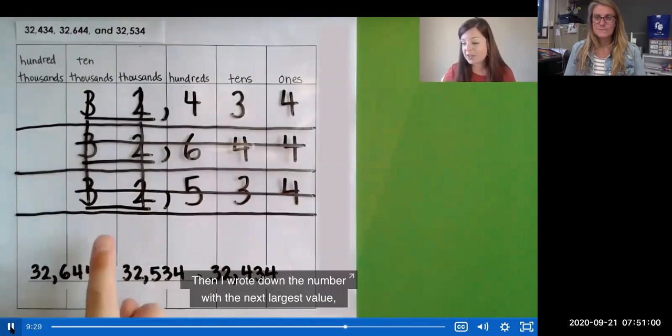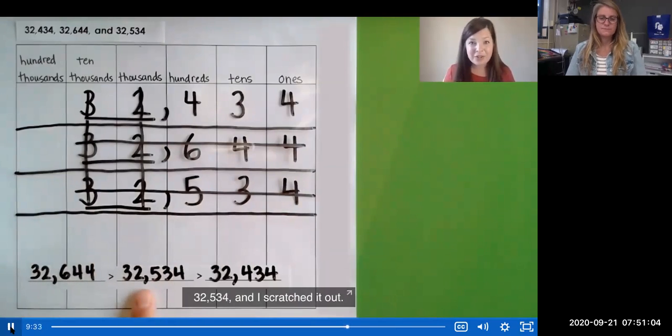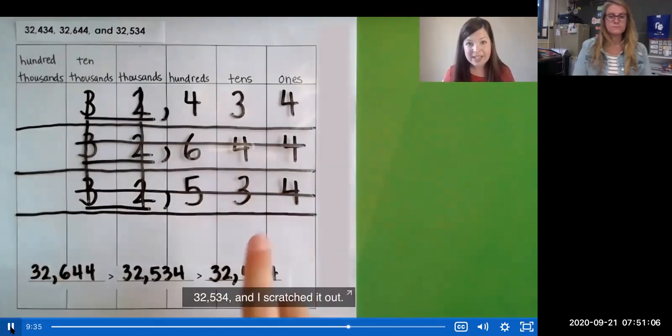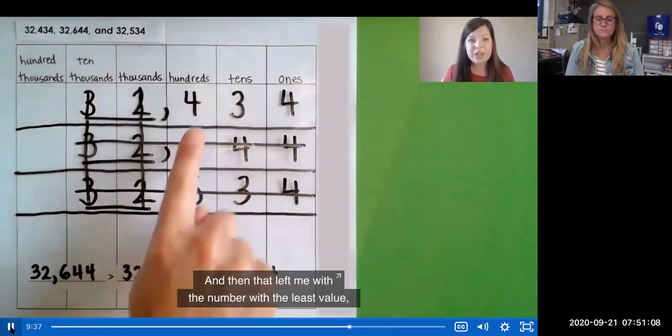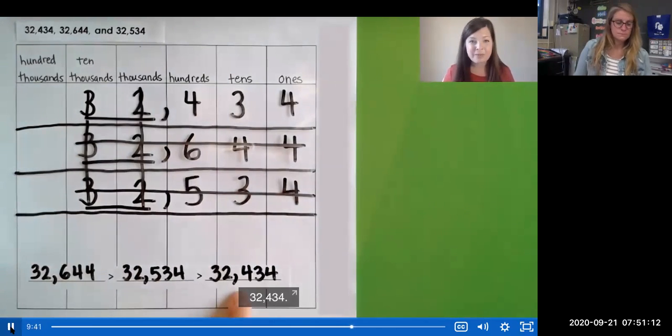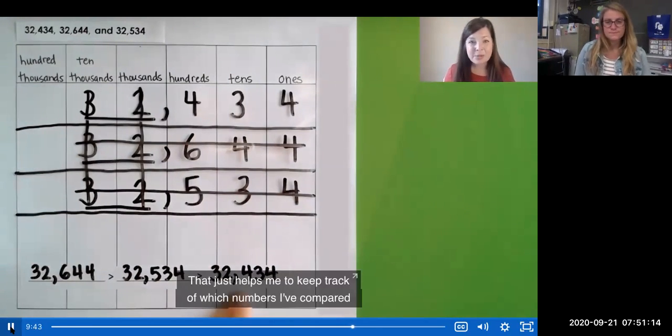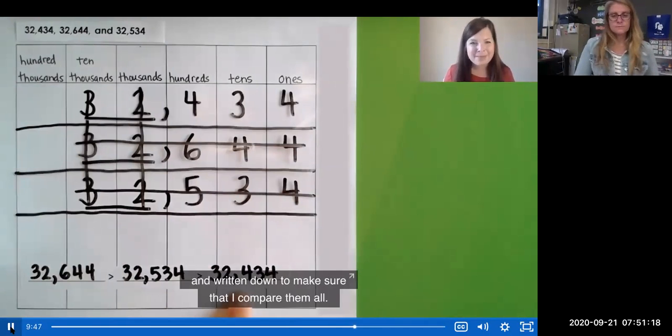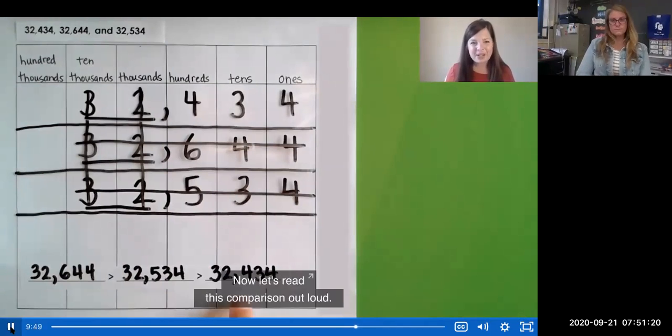Then I wrote down the number with the next largest value, 32,534, and I scratched it out. And then that left me with the number with the least value, 32,434. That just helps me to keep track of which numbers I've compared and written down to make sure that I compare them all. Now let's read this comparison out loud.